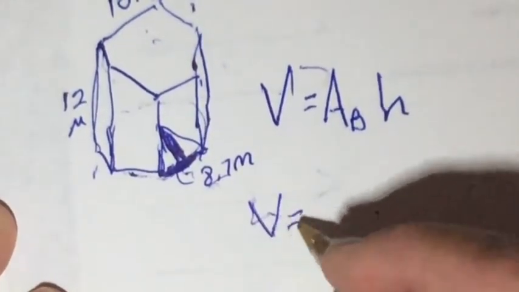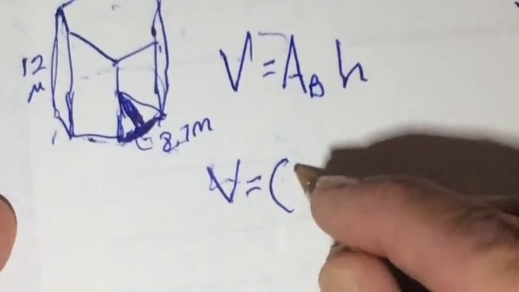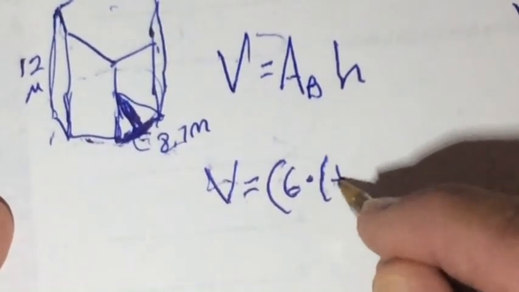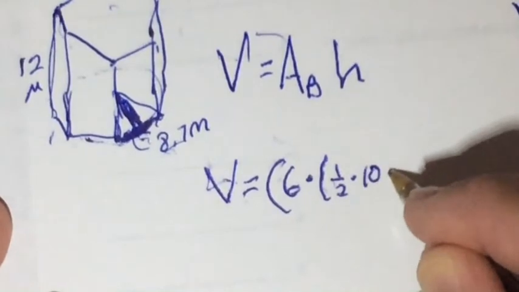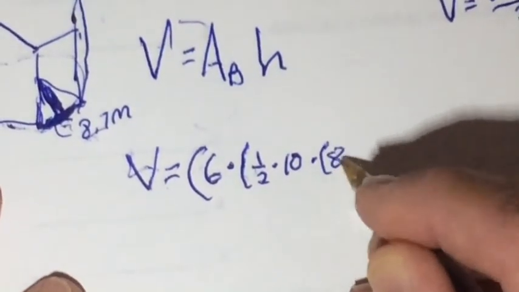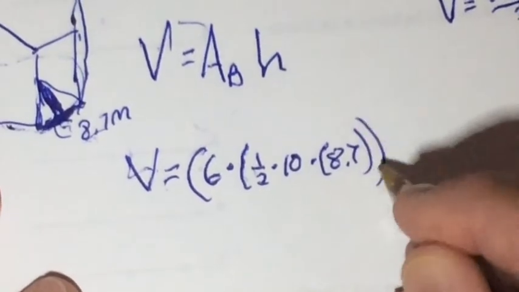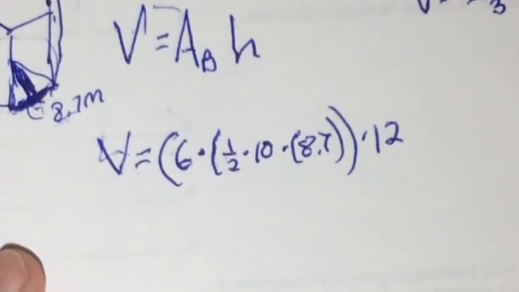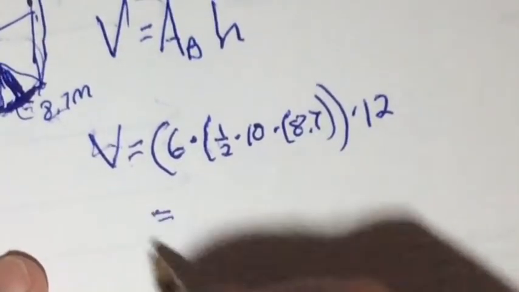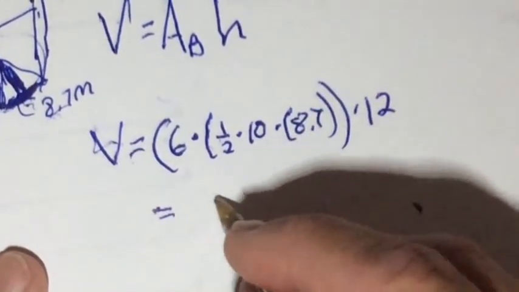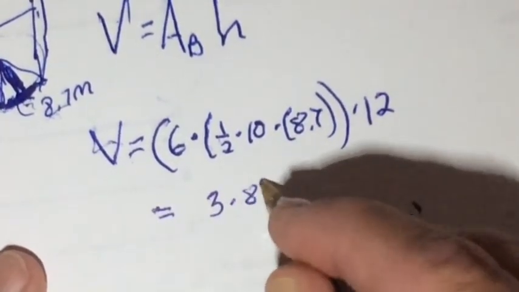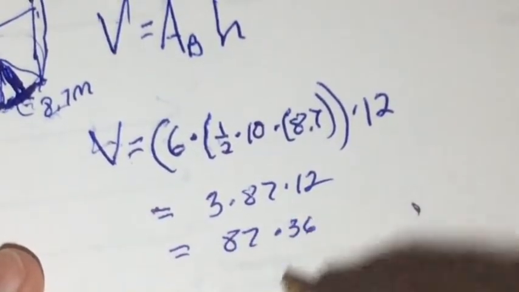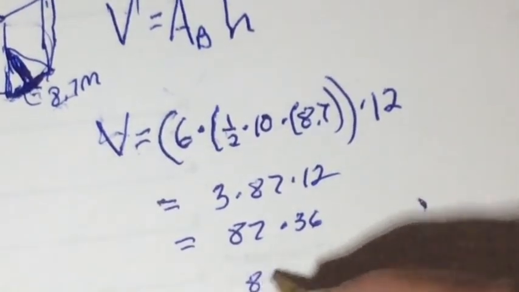So the volume was the area of the base, which was 6 times the area of this triangle, which is 1/2 times the base times the height of the triangle, times the height of the 3D unit. So it's a little bit of arithmetic here. This makes this 3 times 87 times 12. 87 times 36. 3132.